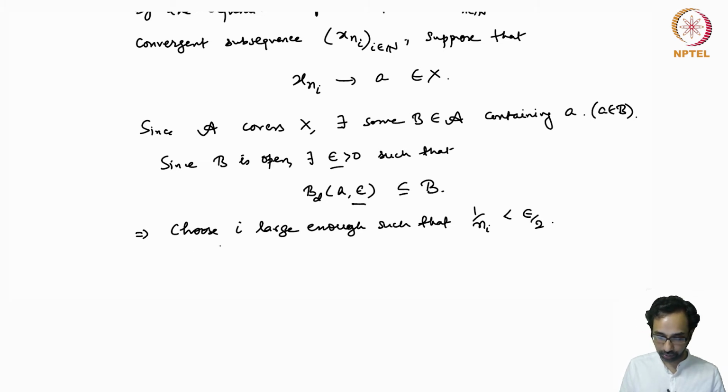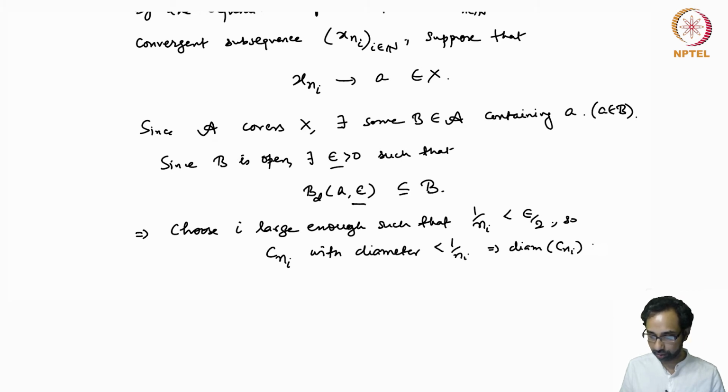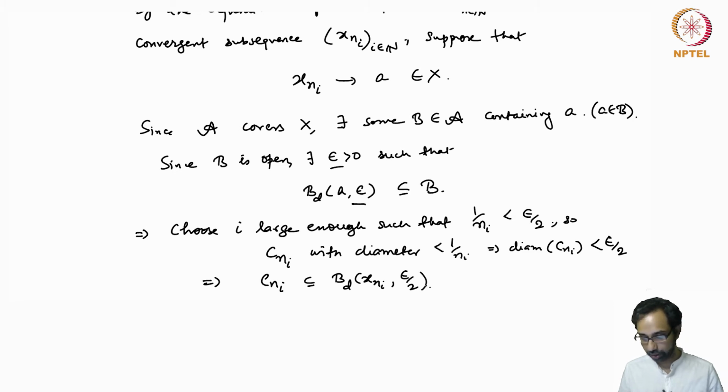And this implies the set Cni, which has diameter less than 1 over ni, also has diameter less than epsilon by 2. This means that Cni lies inside the metric ball with center xni and radius epsilon by 2.